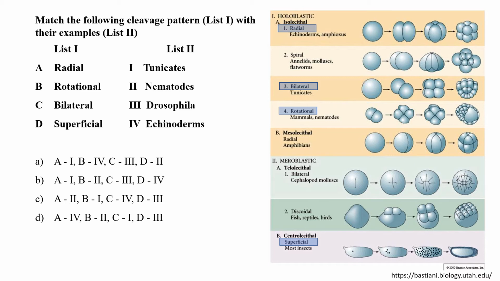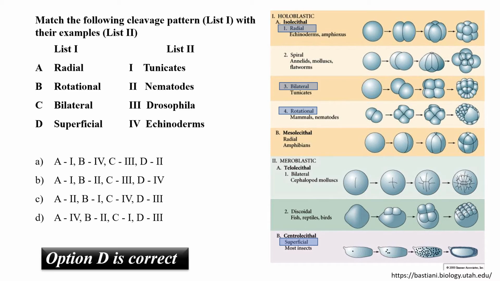And superficial symmetry can be found in most of the insects. So, based on this particular table, you can mark all the patterns here, and option D, where radial symmetry matches the echinoderms, rotational symmetry matches the nematodes, bilateral symmetry is for tunicates, and superficial symmetry goes for the insects such as Drosophila, is going to be our correct answer.